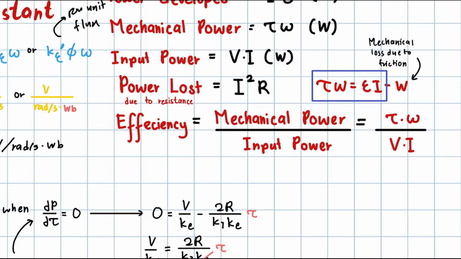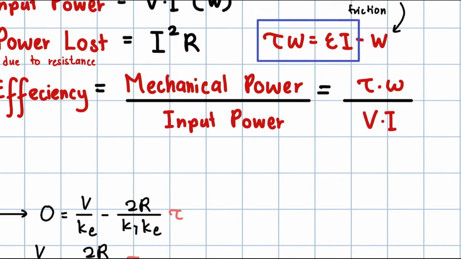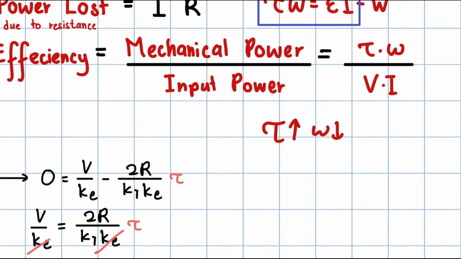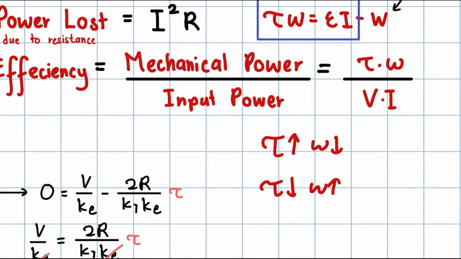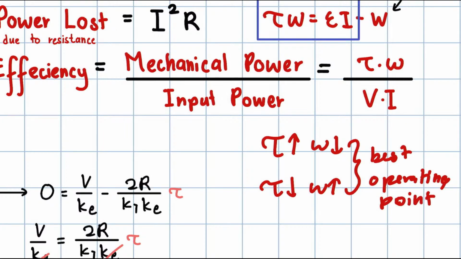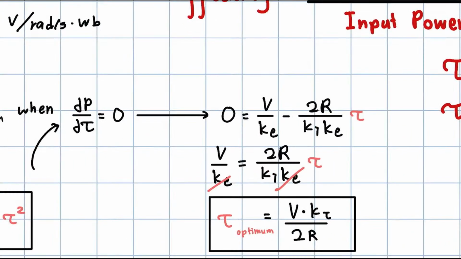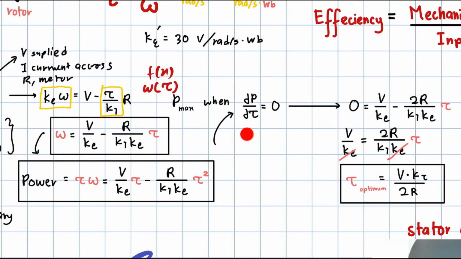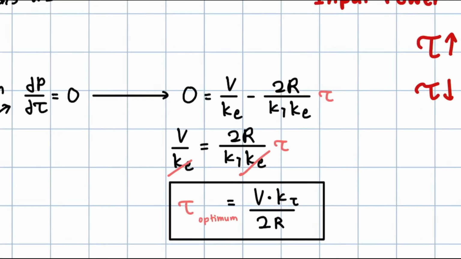As we said earlier, if torque is high, angular velocity goes down. If torque goes down, angular velocity is high. So which one is the best operating point? That is where this equation comes in. We differentiate P over torque and set it equal to 0.